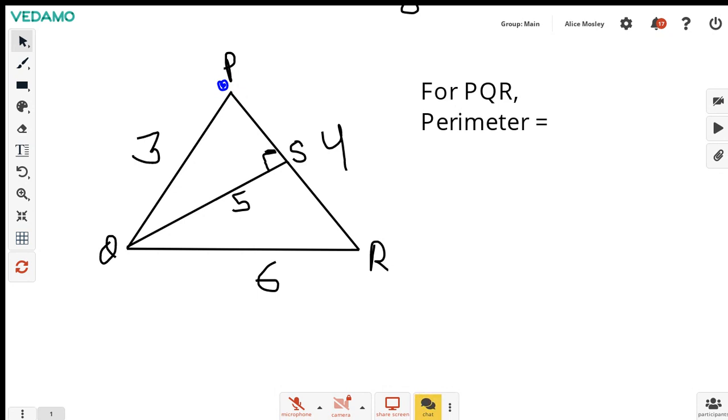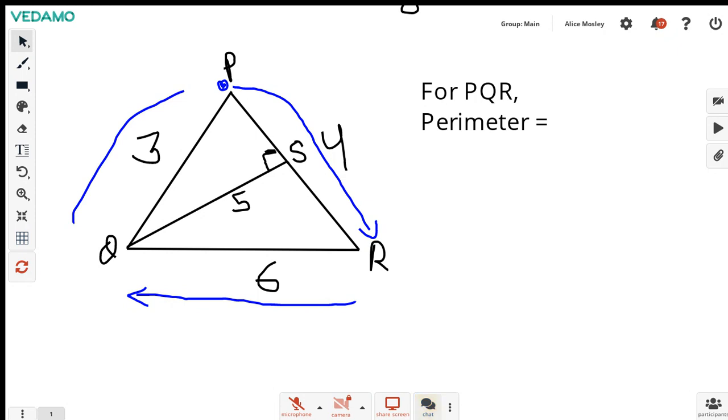Always remember perimeter is about boundaries. So I travel this boundary, I encounter 4, and I add 4 to my perimeter. Then I travel this boundary, I encounter 6, and I add 6. 4 plus 6 is 10. Then I travel this boundary, and now I am again back to my original point, which is P. So I add 3 as well. So 4 plus 6 plus 3 will be equal to 13.